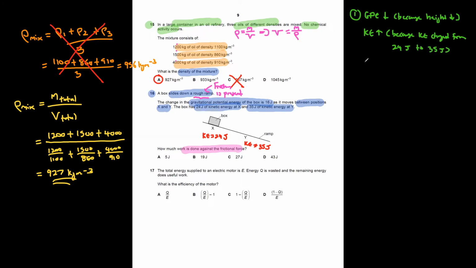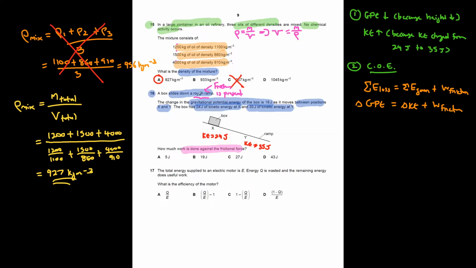Okay. Now, if you apply conservation of energy, I mentioned to you that you could probably try and summarize conservation of energy as one particular equation where whatever energy that you lost is going to be the energy you gain plus work done against any friction. So in my case, GPE loss equals KE gain plus work done against friction.